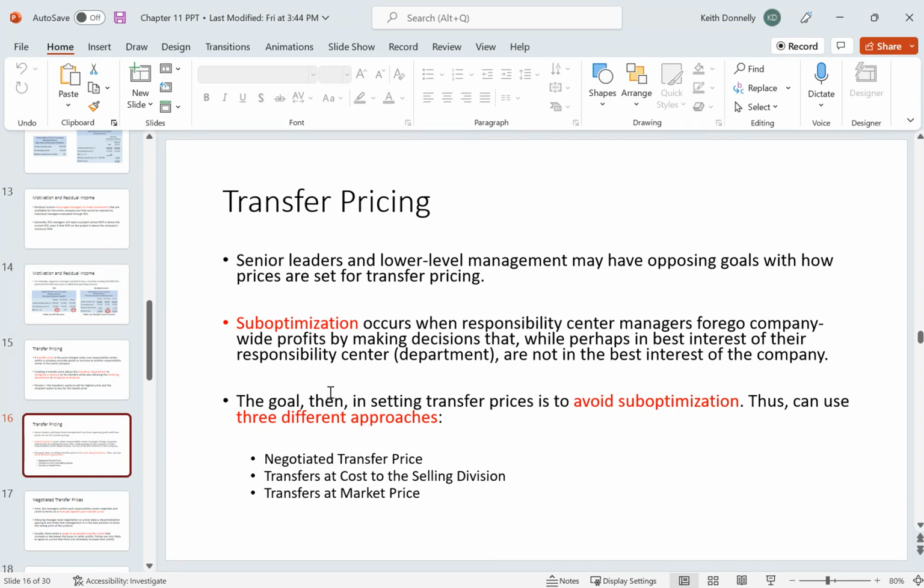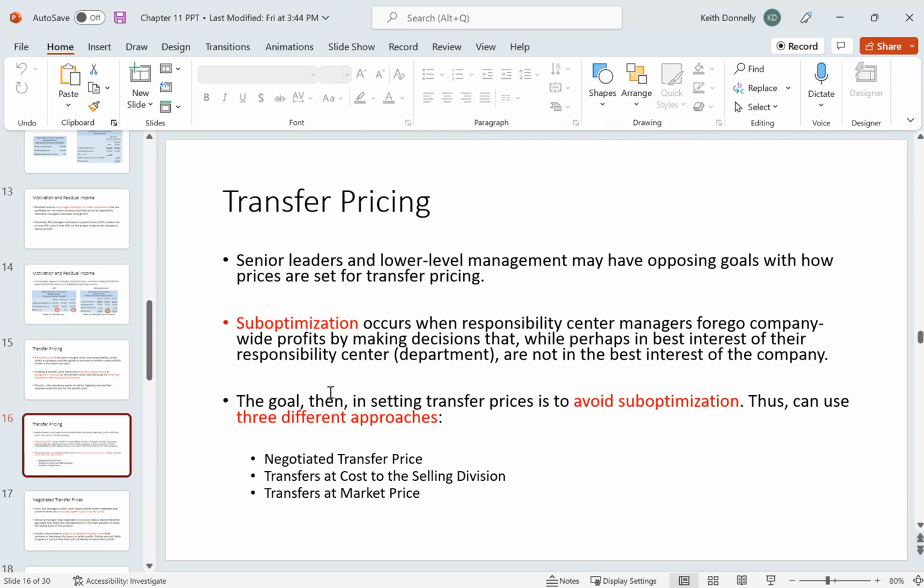Now, when we're looking at transfer pricing, there may be this tension and potentially opposite goals for what's going on, right? The idea here that we want to try to avoid is this thing called sub-optimization. Sub-optimization occurs when responsibility center managers forego company-wide profits by making decisions that, while perhaps in the best interest of their department, are not in the best interest of the company.